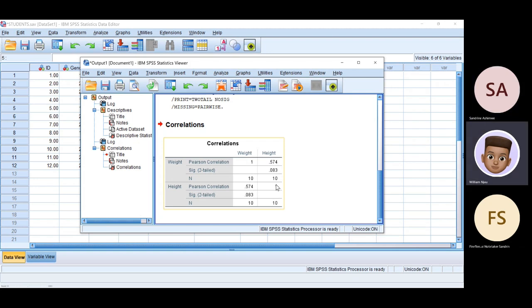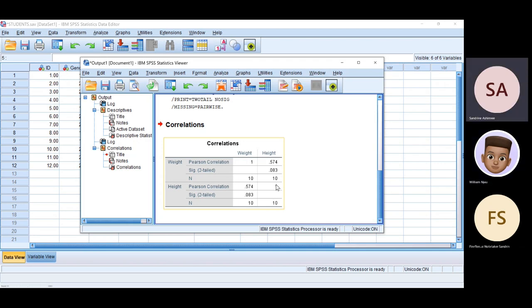You can see with the weights, the first one, as I was indicating, is a positive 1. And when weight and height intersect, it's 0.574. Remember, we had said that value must be between -1 and +1. Can you see that's the case? Is it obeying that? Yes, it is.